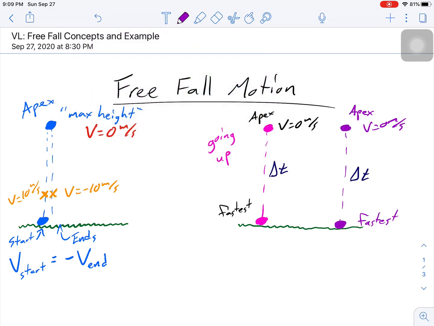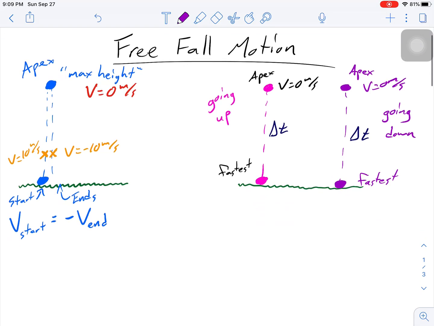So the time going up is going to match the time going down as long as the heights are the same. So if our launch height goes up to the apex and then back down to where we launched it from, our time interval is the same up as it is to go back down. It's kind of a parabolic idea without actually drawing the parabola, right? And that's, again, some of the symmetry that we get to see in this motion.